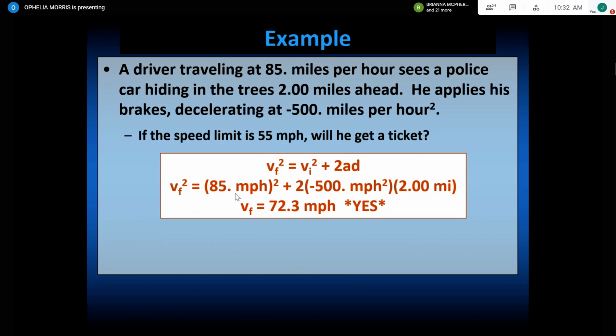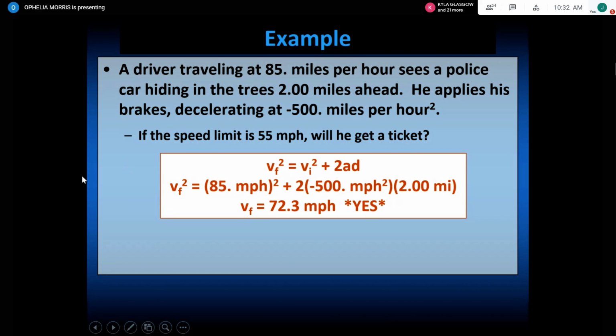Anybody? Guys, 7,225. Okay, so 7,225, and now I have to add those together. So it's going to be 7,225 plus 2,000, which would give me 9,225.